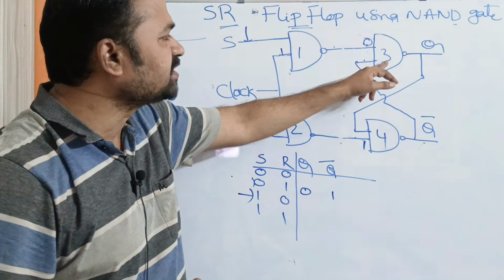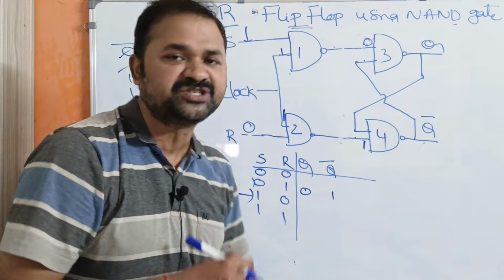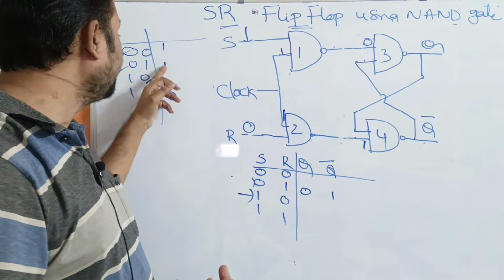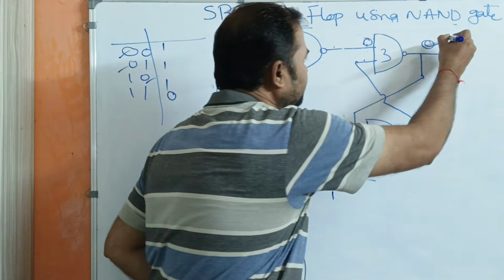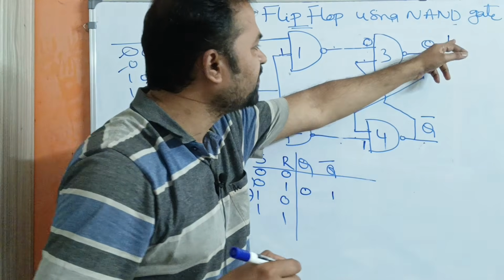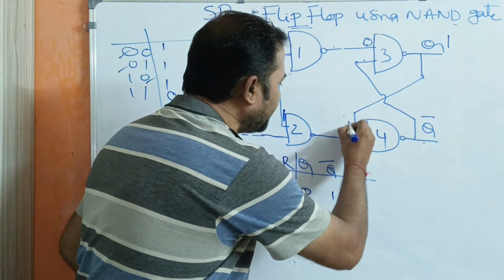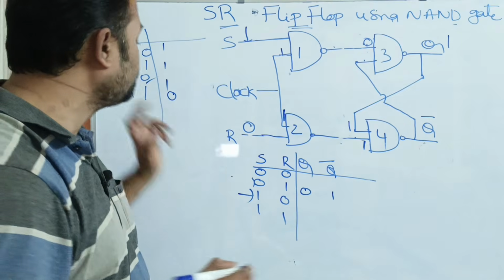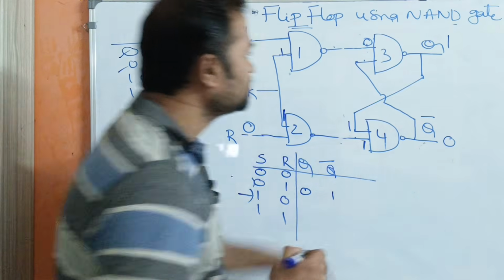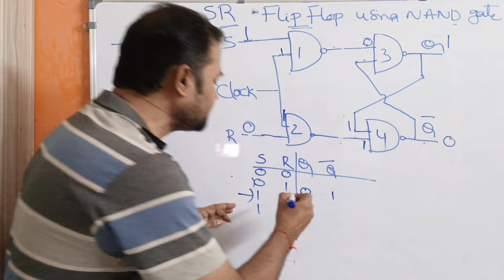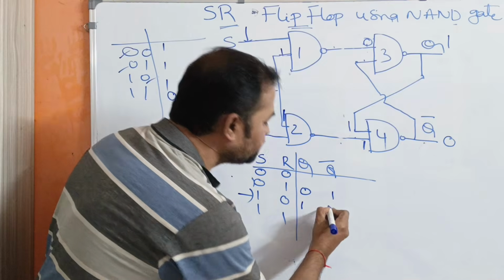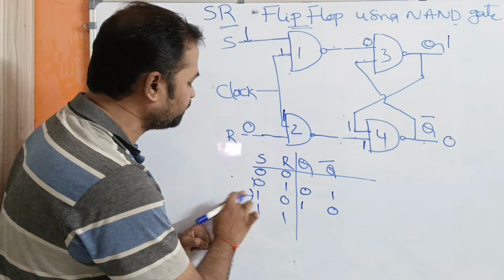Next, if we observe the third NAND gate, one of the inputs is 0, so we can say that the output is 1. Next, this 1 will be passed as the input to the fourth NAND gate. 1, 1 means the output is 0. So Q value is 1, whereas Q bar value is 0.